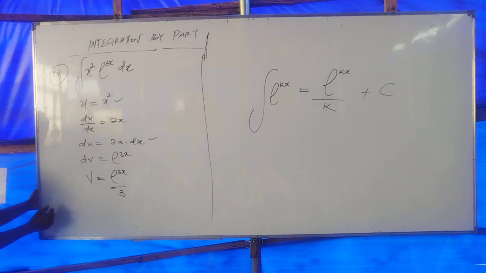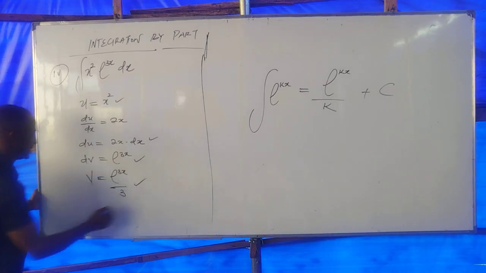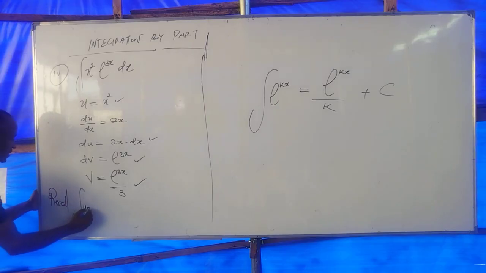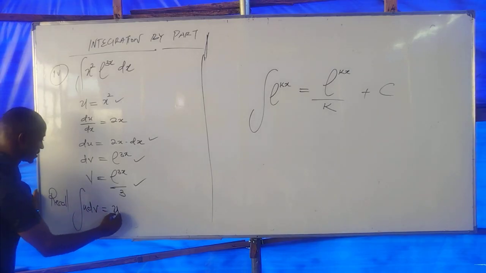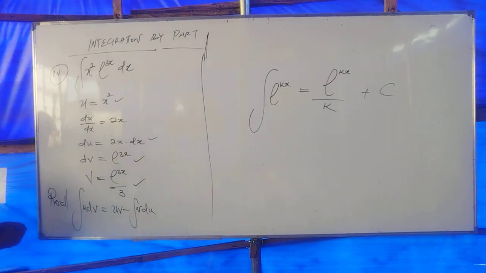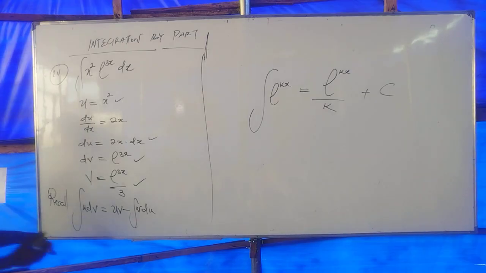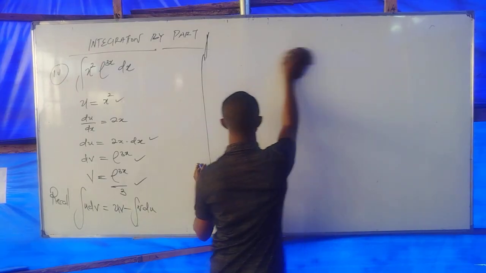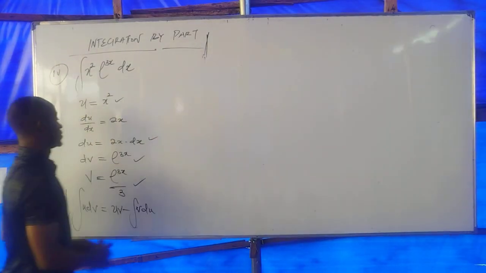Now we have our dv and we have our v. Recall that integration by parts says the integral of u dv equals uv minus the integral of v du. Let's put the values of our u, dv, v and du into the formula we have.